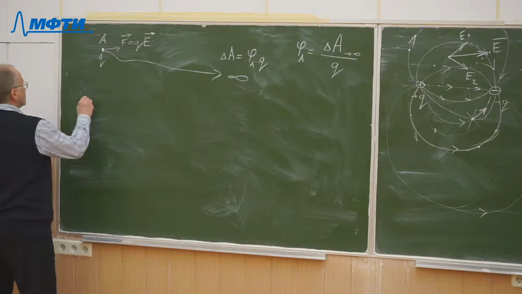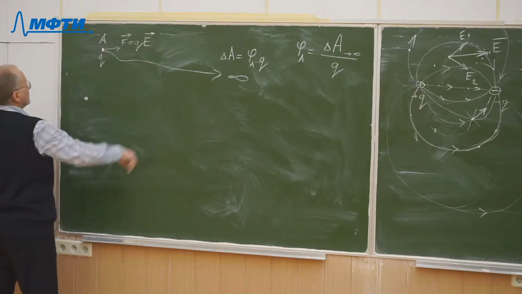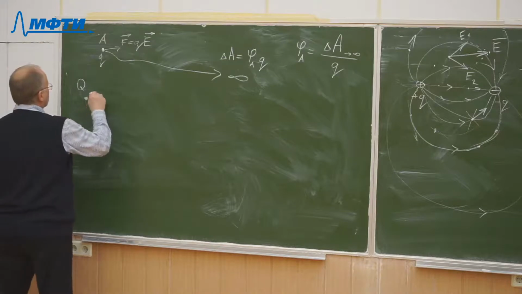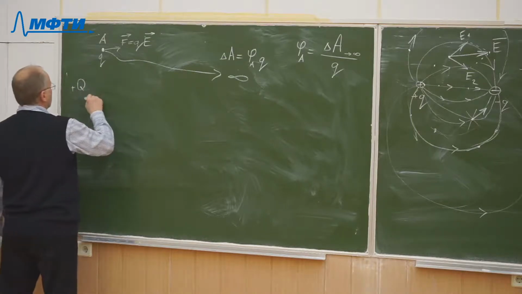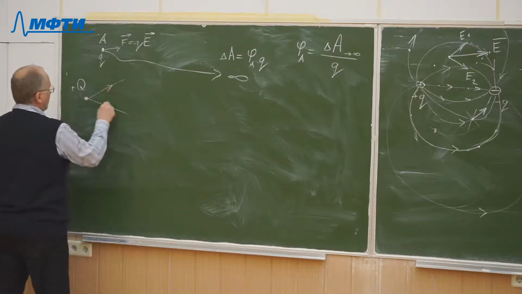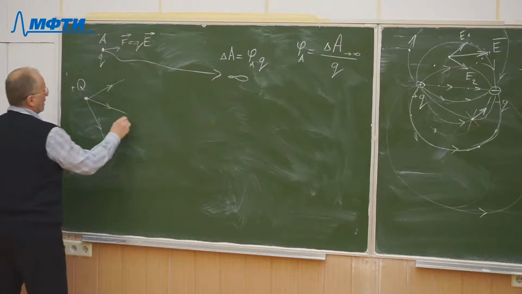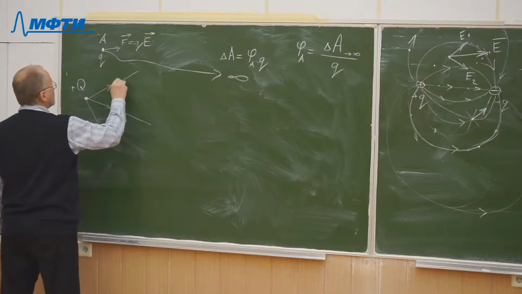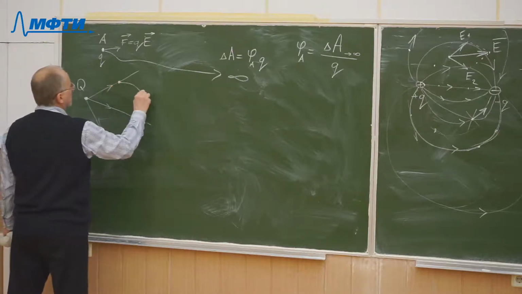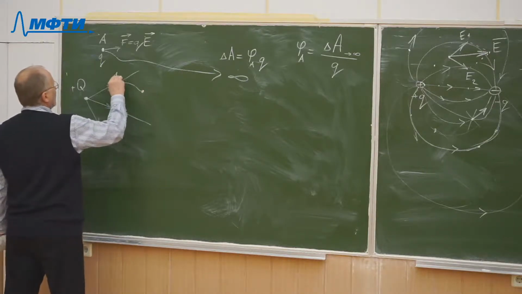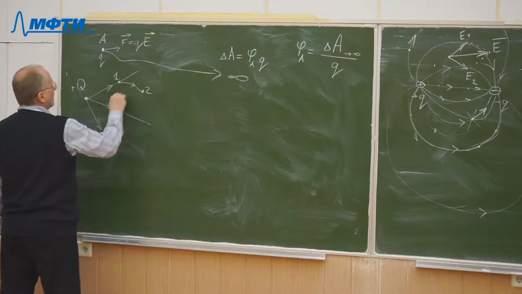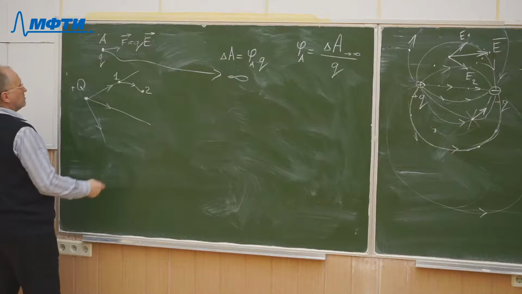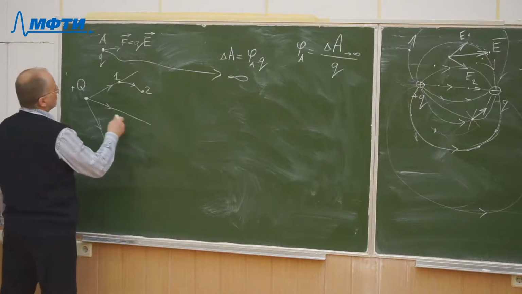Let's consider a simple case when the field is created by some point charge Q. The field lines of this point charge are well known, and if we take an arbitrary point here and move the charge from point 1 to point 2, then this displacement of a probe charge can be decomposed into two displacements.